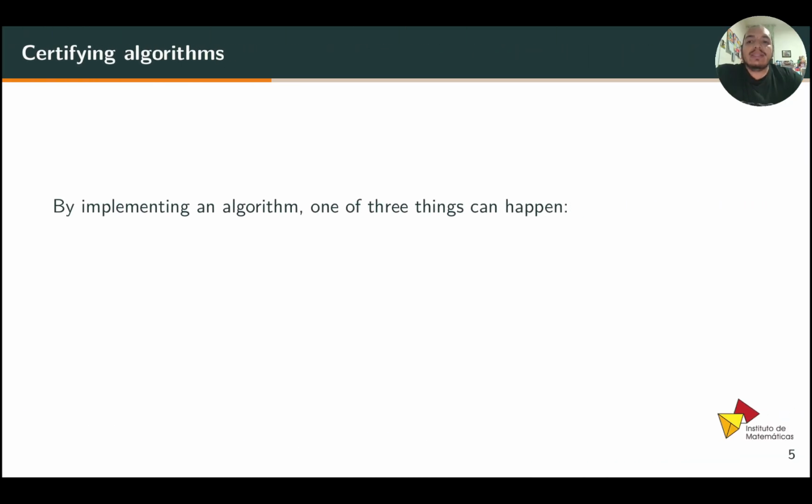Well, once that you implement any algorithm, there can happen three things. The first thing, which is the more desired case, is that anytime that you run the algorithm, you obtain the correct output.